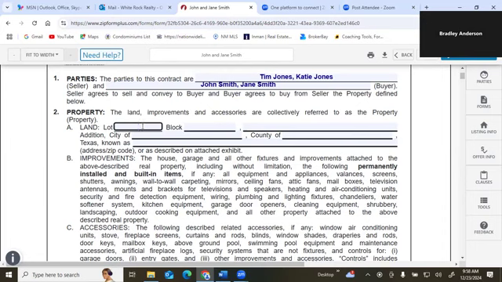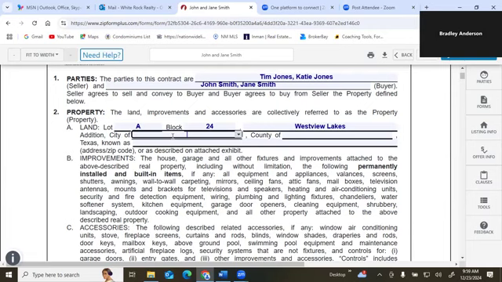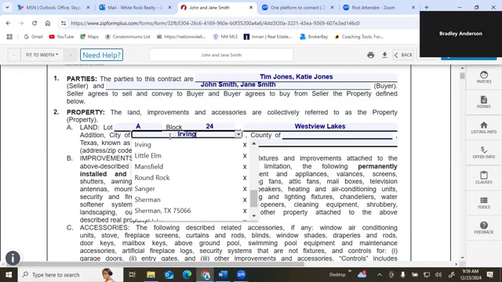Okay, so let's say it's lot A, block 24. And this line right before addition is the subdivision name. So let's just say it's Westview Lakes. Addition, city of, let's say it is Irving, Texas.